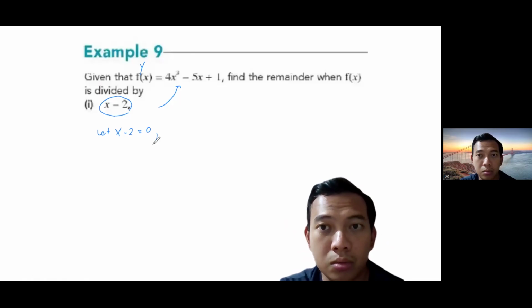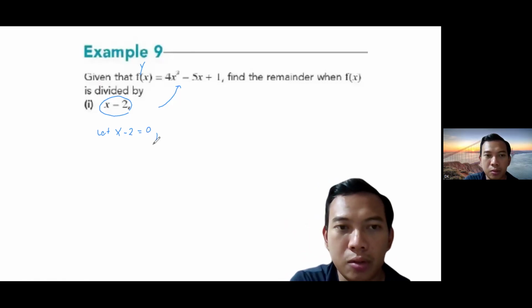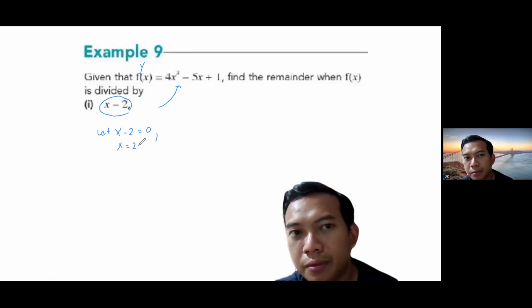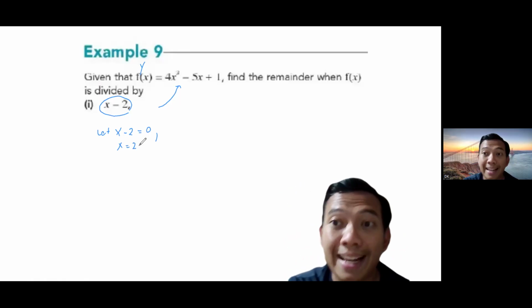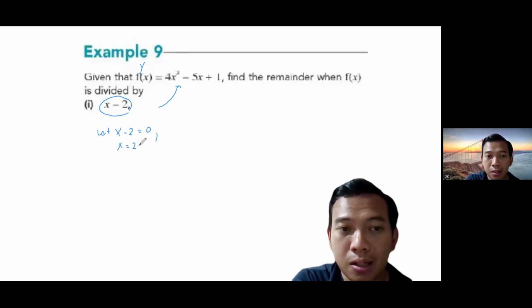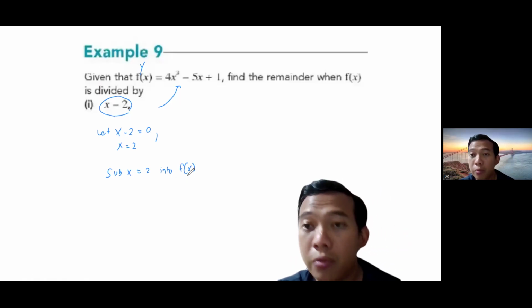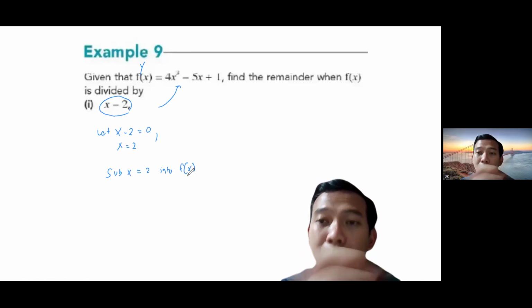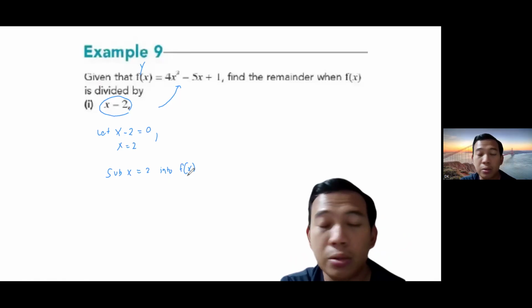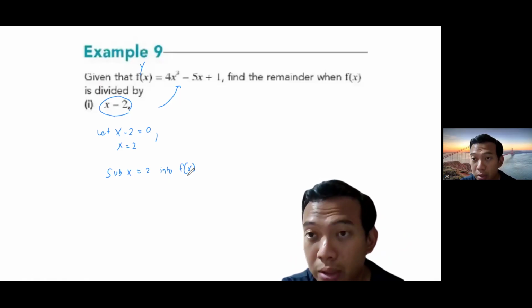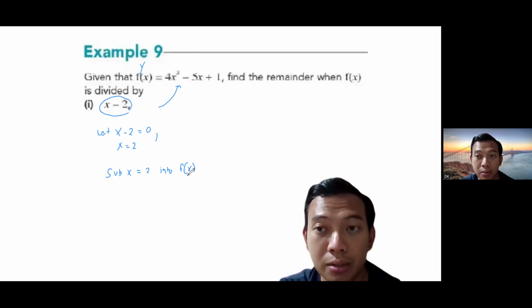So you can solve it as easy as that: x equals 2. Once you get that x, substitute x equals 2 into f(x). When you replace that, you will get your remainder, which is actually shorter than doing that long division.